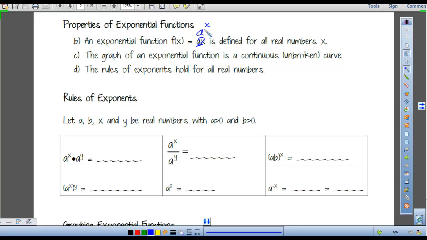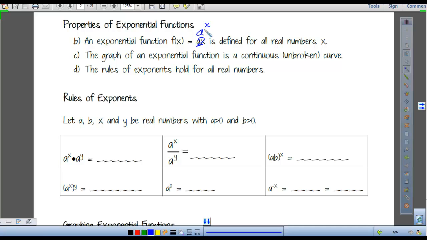We already said that. The domain is all real numbers. We can plug in anything. The graph of an exponential function is a continuous, unbroken curve. The rules of exponents hold for all real numbers. So, just in case you've forgotten some of those rules, we're going to go back over those very quickly. But these are some basic properties for our exponential functions.